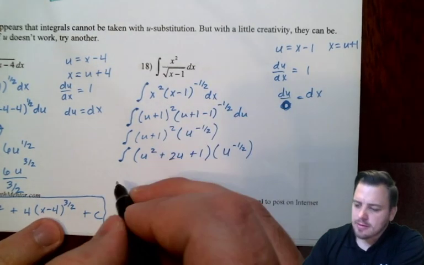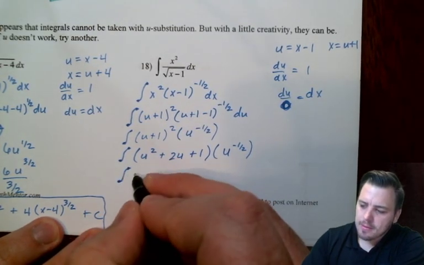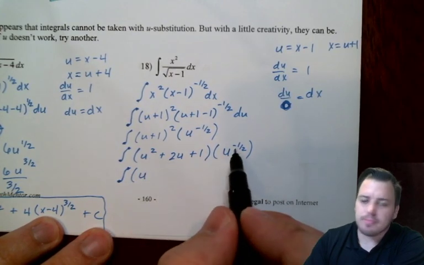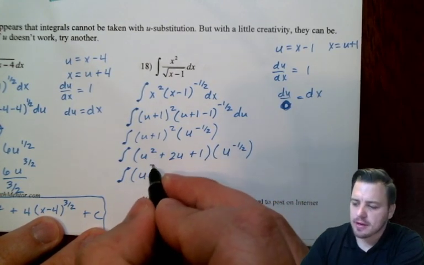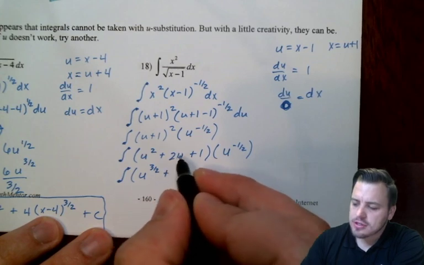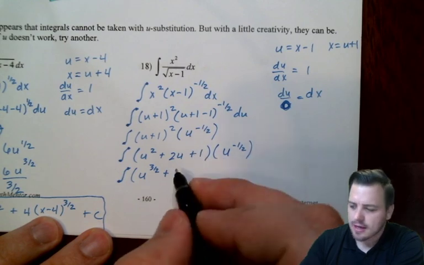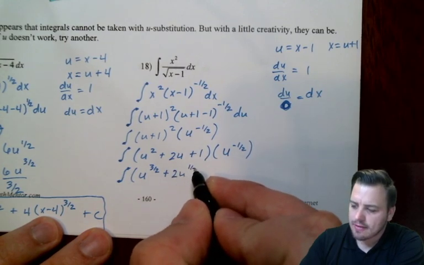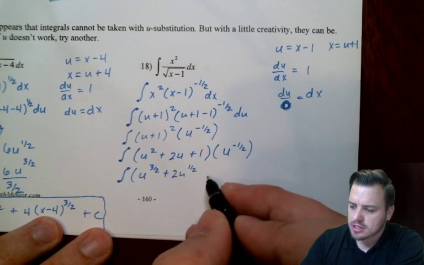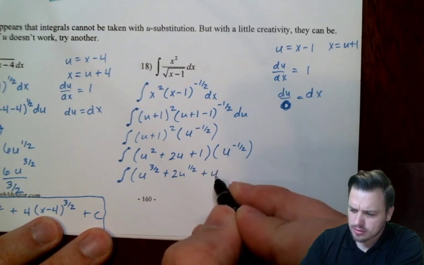Okay, so then we have u to the 2 plus negative 1/2, which would just be 3/2, plus 2, and then that's a power of 1 there. 1 minus 1/2 is 2u to the 1/2, and then that 1 would just change to whatever that is. So plus u to the negative 1/2.